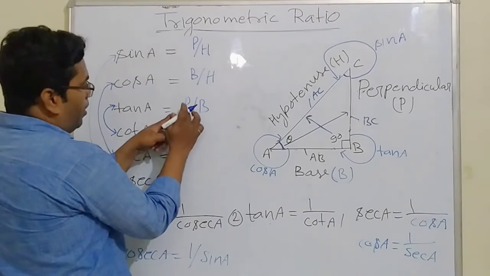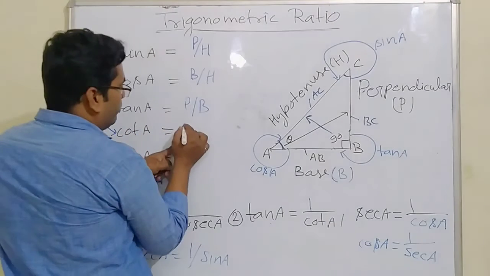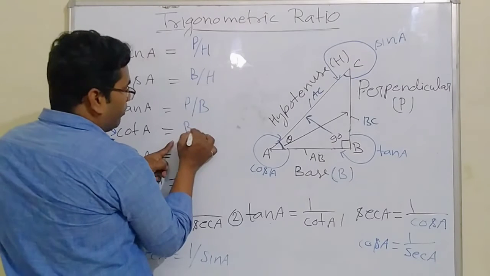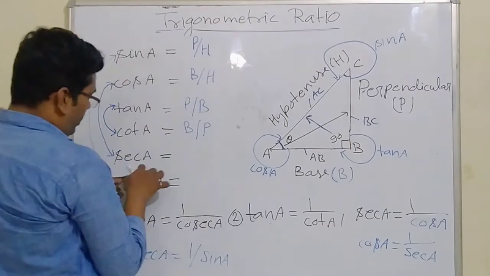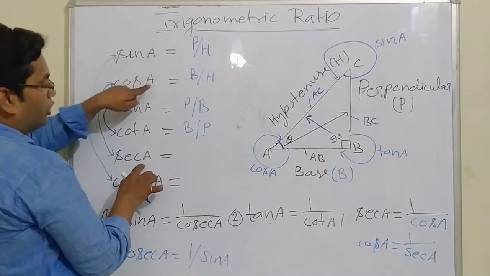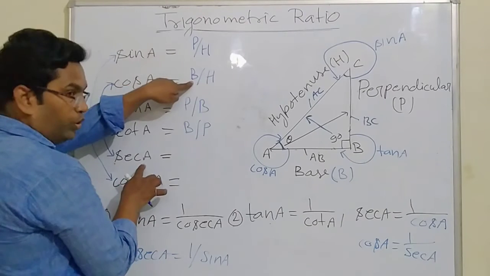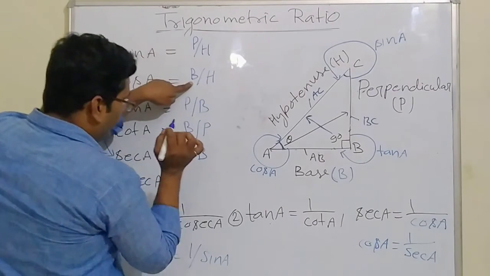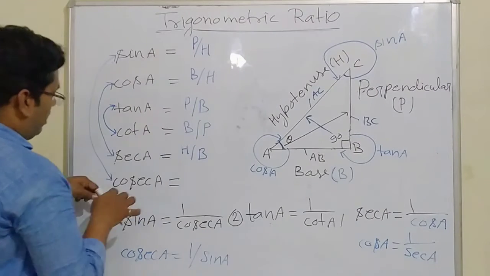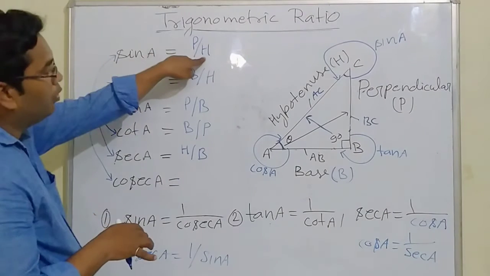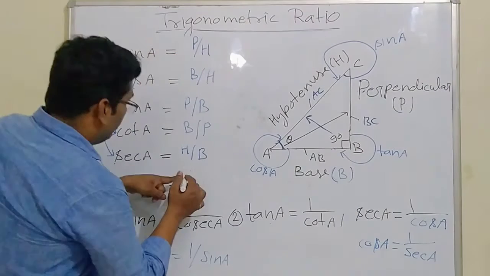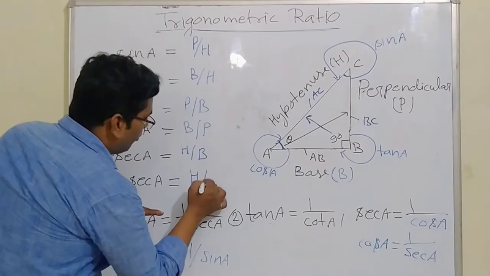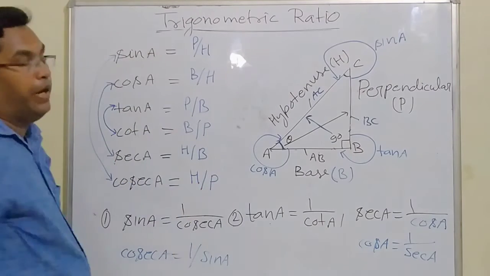Cot A is perpendicular upon base, so the opposite of this is base upon perpendicular. Sec A is opposite to cos A. So cos is equal to base upon hypotenuse, so this is hypotenuse upon base. Sin is equal to perpendicular upon hypotenuse, so this is hypotenuse upon perpendicular.